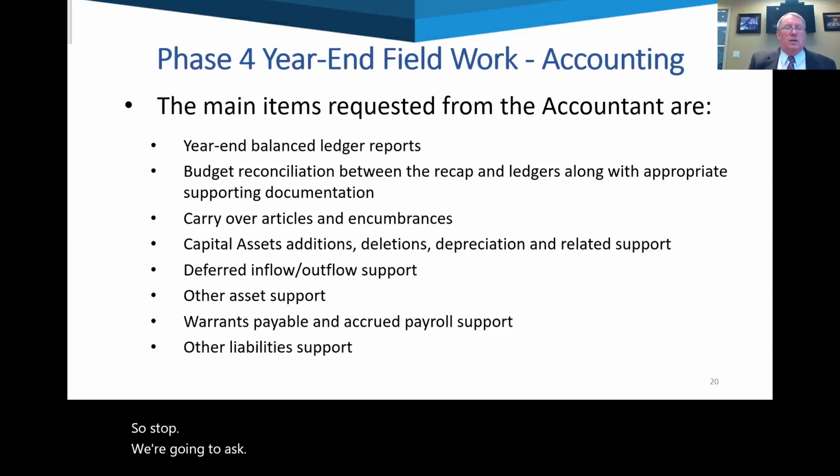So we need to get a detailed trial balance, a budget to actual, a general ledger with all transactions that were recorded at the end of the year. And the accountant is what's being audited. And so we're going to have in our checklist for the town accountant, we're going to ask for these types of information.